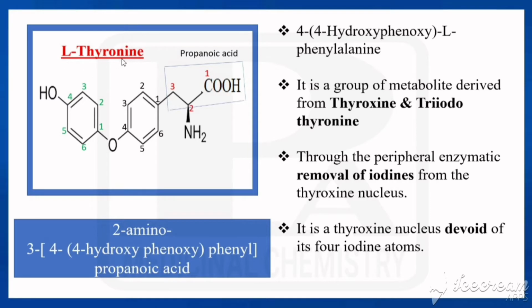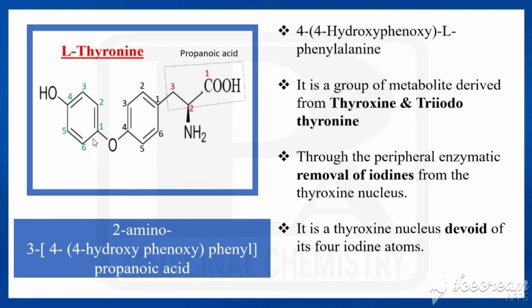Next drug is called L-thyronine. Look at this structure. By replacing the para-hydroxyphenyl with hydrogen, that is the structure for L-tyrosine. Already we have seen this in the first class of thyroid and anti-thyroid drugs. That is an amino acid, L-tyrosine. In the L-tyrosine structure, the fourth position has a hydroxy group.